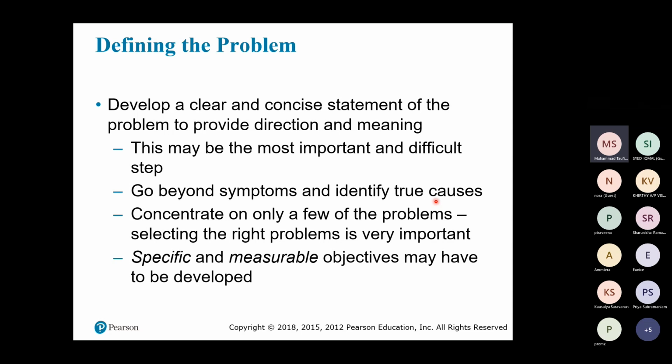So there are so many causes that give the same symptom, which means that you have a stomach ache, but the reasons for a stomach ache are too many. So which one is the reason why you have a stomach ache? You have to understand, you have to identify it.